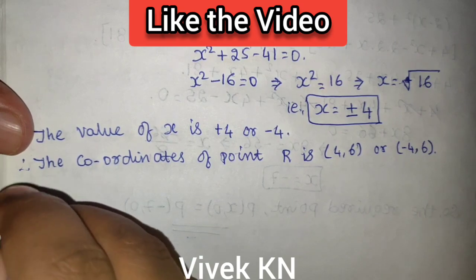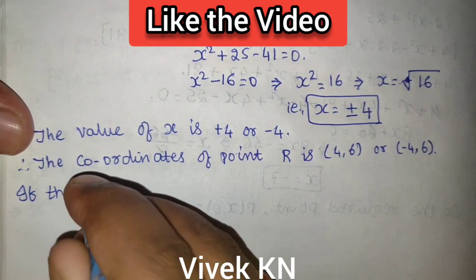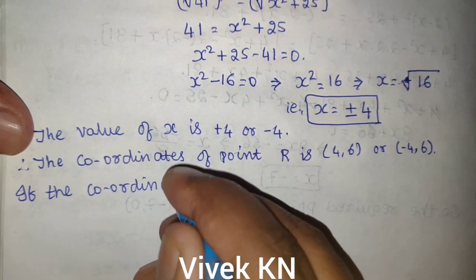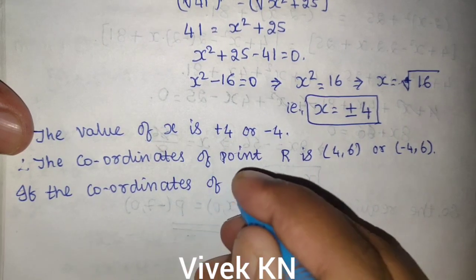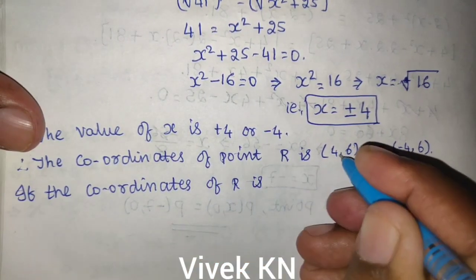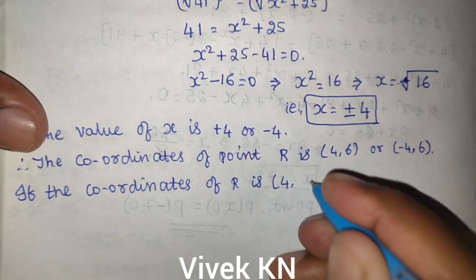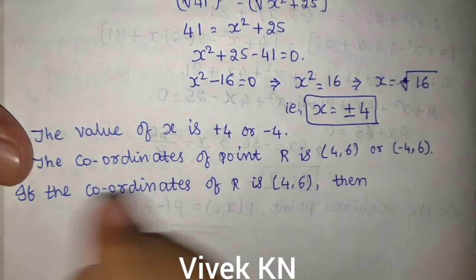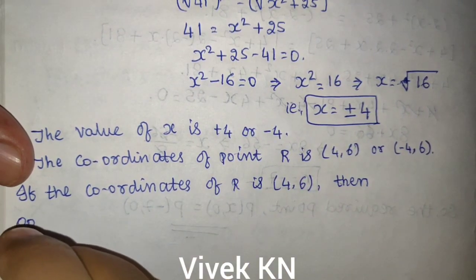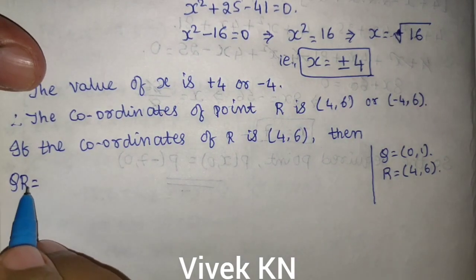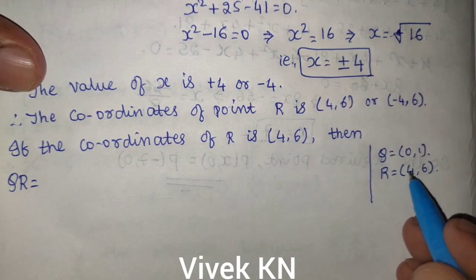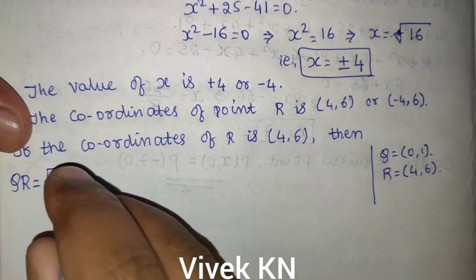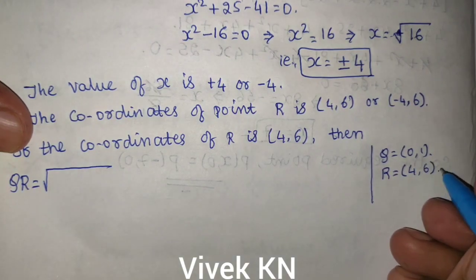If the coordinates of R is plus 4 comma 6, then QR is equal to, for QR this is x1 y1 and this is x2 y2. Now let us substitute the values of x1 y1 and x2 y2 in the distance formula.